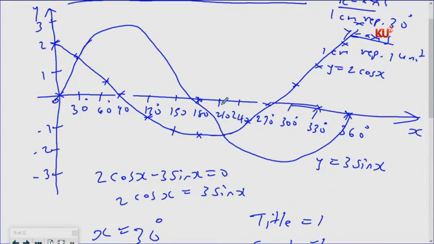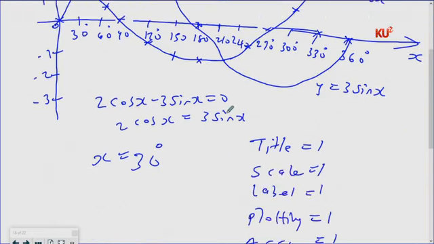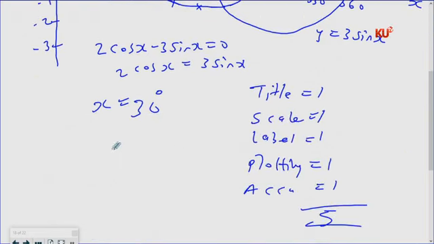It's very close to 210, and this is 240, so it could be 220. That is my approximation, 220 degrees. So these are my 2 values that will give me 2 marks, 1 mark for that particular value and another mark for that particular value.